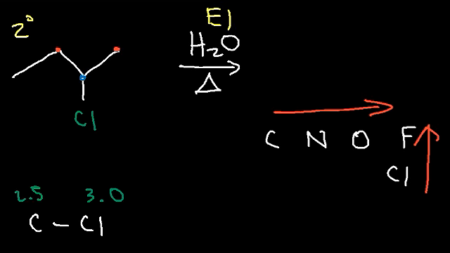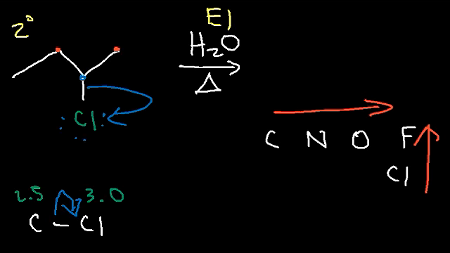So when the carbon-chlorine bond breaks, because chlorine is more electronegative, because it has a stronger desire for electrons, chlorine is going to pull the electrons toward itself. And that's what happens in the first step of the E1 reaction. Now, keep in mind, before the bond breaks, chlorine has 3 lone pairs.